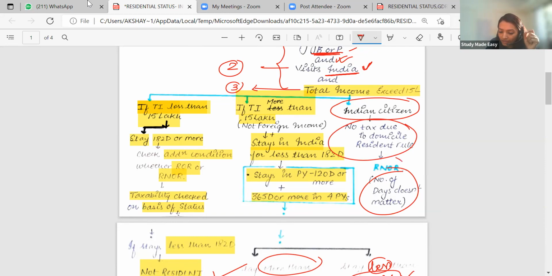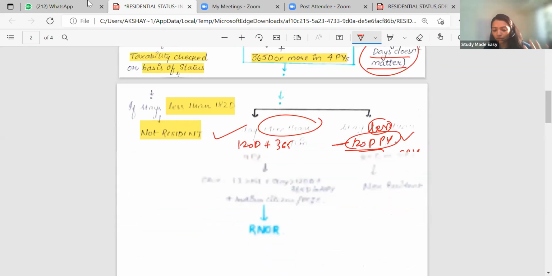If you are an Indian citizen and you earn total income more than 15 lakh, I will not be concerned about the number of days. You are deemed resident. So are you getting the clear logic? Yesterday we just built a structure of it. Now this is the whole soul concept.